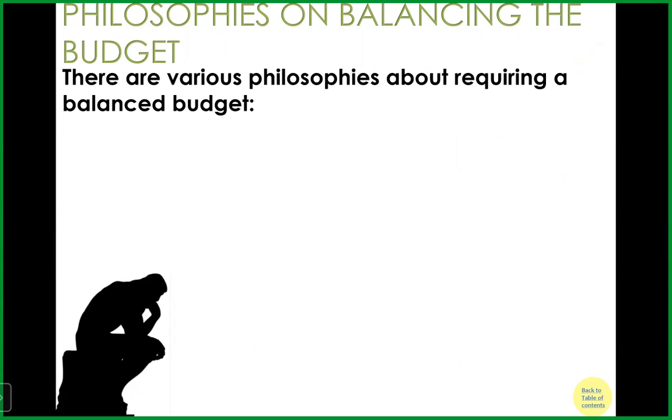Now, the last thing we're going to discuss is regarding the budget issue. Usually people discuss whether the government should have a balanced budget or not. But what does balanced budget mean? Let's go back to previous slides.